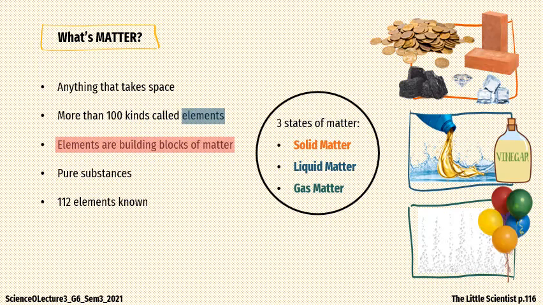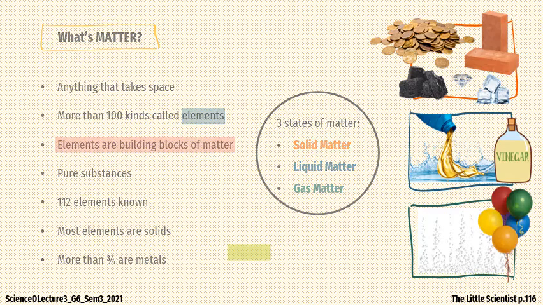Some of them are made by scientists. They are artificial, but most of them are found in nature. Most of the elements are solids at room temperature, and most of them are metals. Let's give some examples before we move to the next slide. Hydrogen, oxygen, iron, copper are all examples of elements.